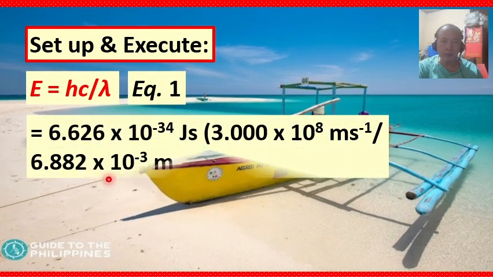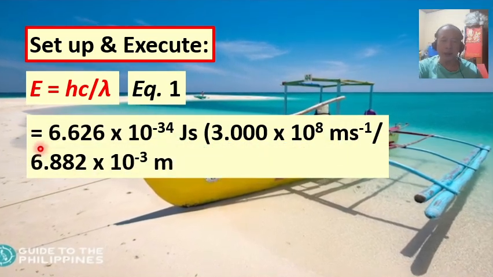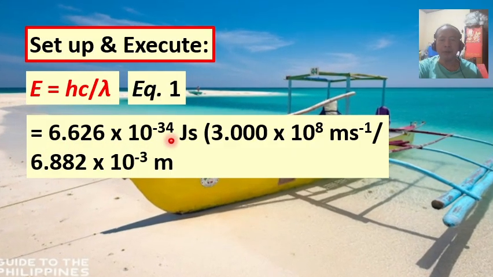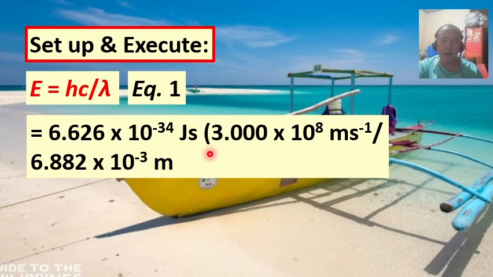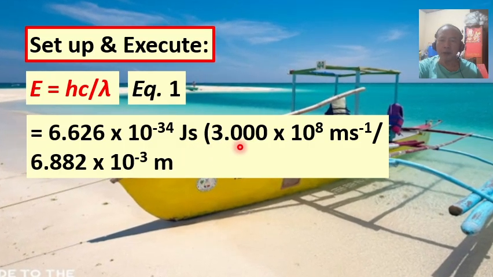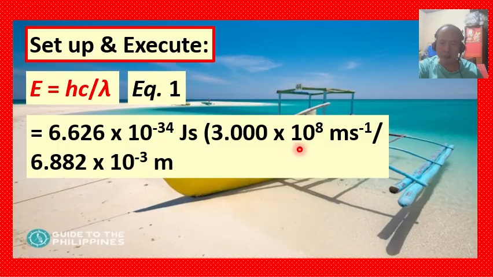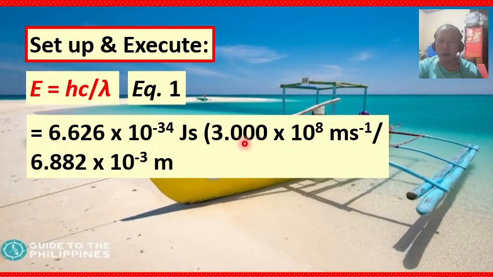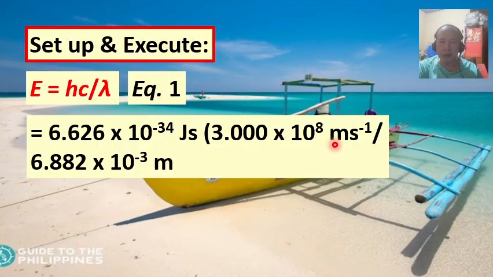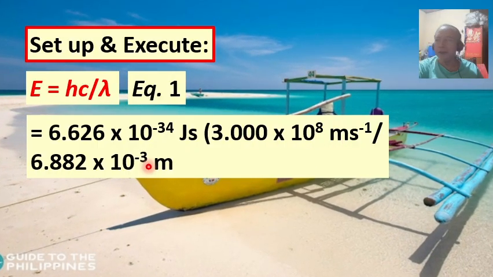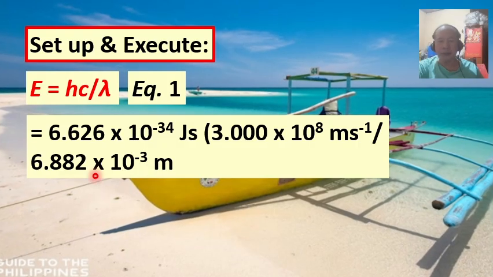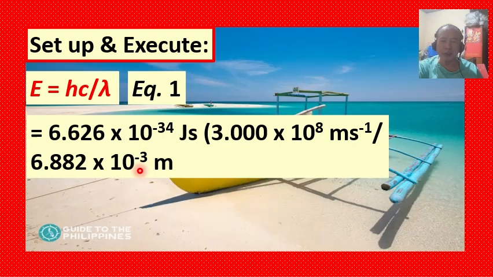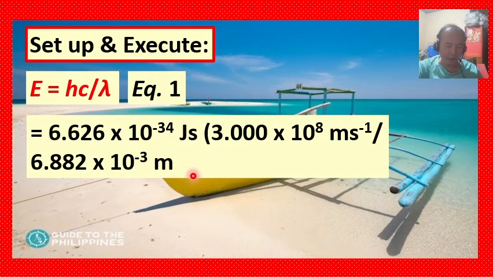That is, E equals 6.626 times 10 raised to the negative 34 joule seconds times 3.000 times 10 raised to the 8th power meters per second, which is the value of the speed of light in vacuum, divided by the given photon wavelength, 6.882 times 10 raised to the negative 3 meters.